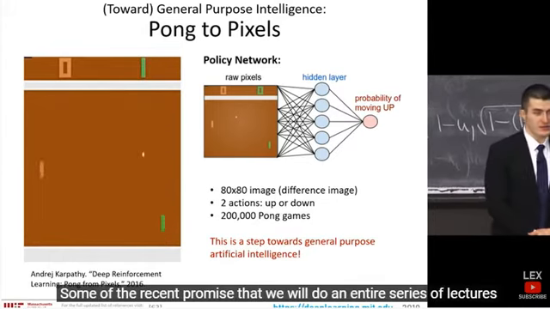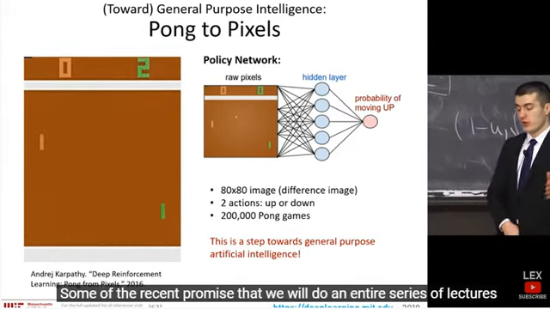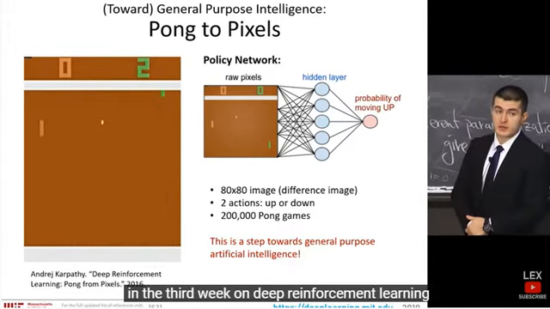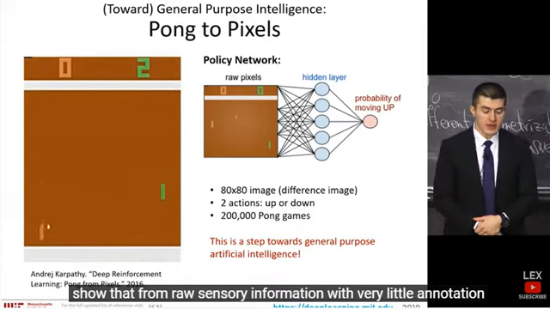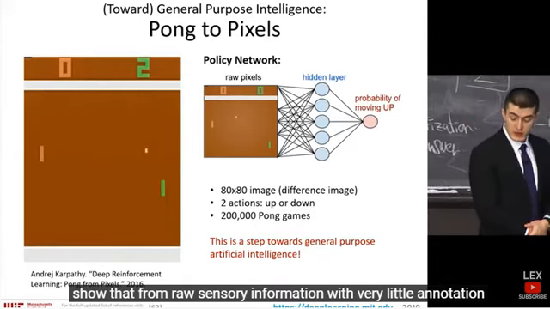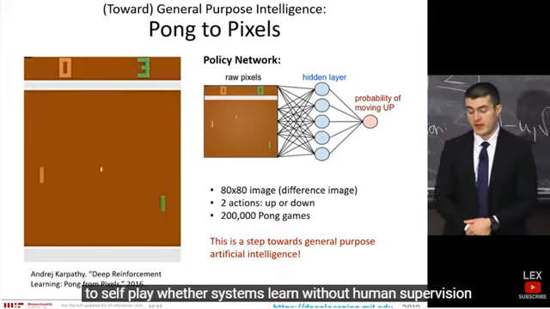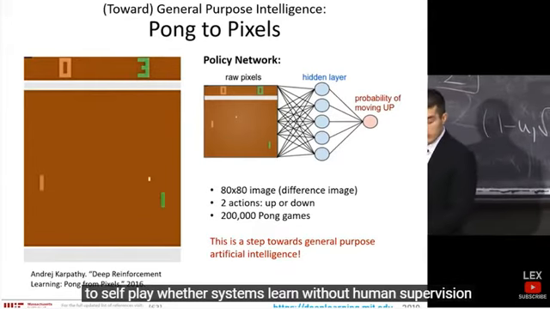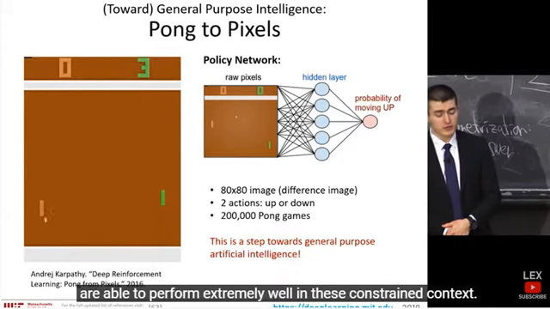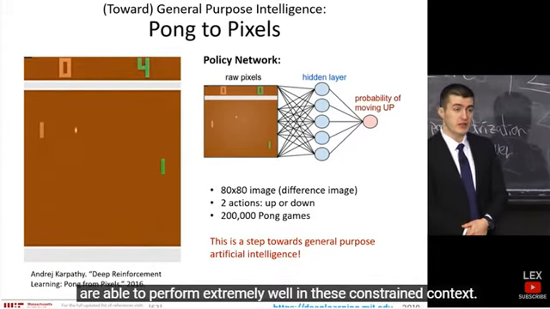Some of the recent promise, which we will cover in an entire series of lectures in the third week on deep reinforcement learning, showed that from raw sensory information with very little annotation, through self-play, where the systems learn without human supervision, they are able to perform extremely well in these constrained contexts.